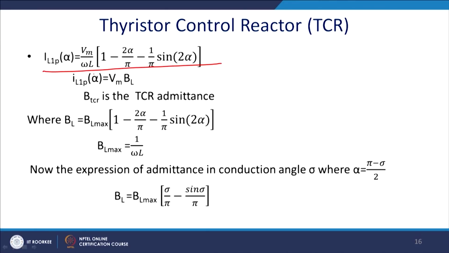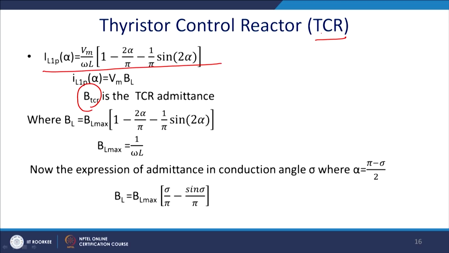So, this is the expression of the current, and so I_L alpha 1 is a function of alpha, V_m into B_L, where B_TCR, the abbreviation of TCR, is the admittance of the TCR.